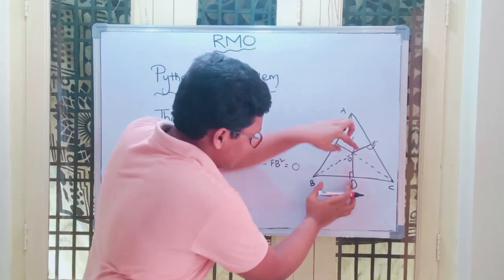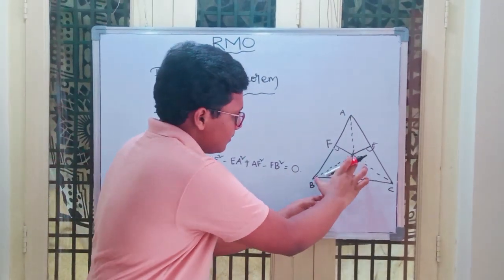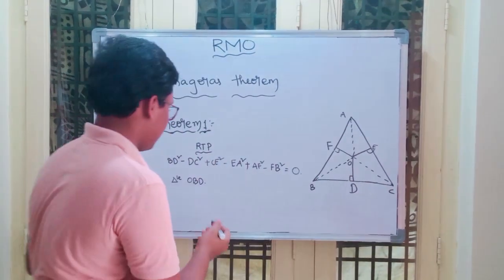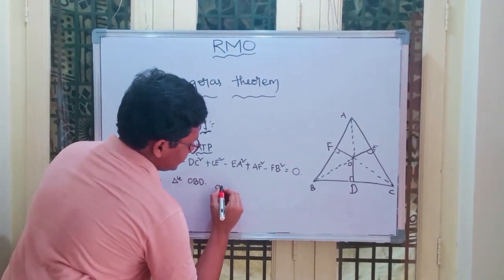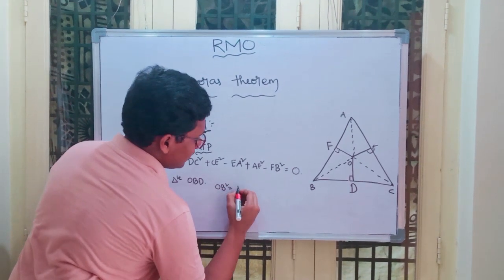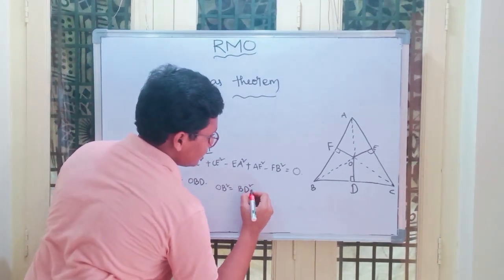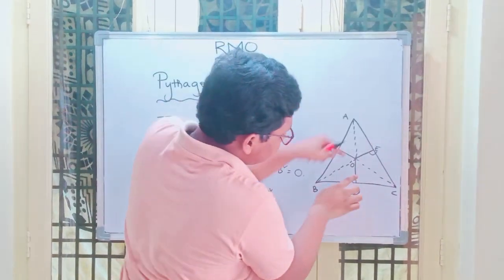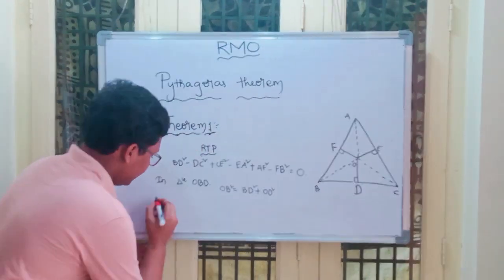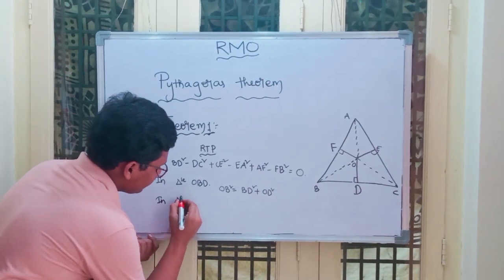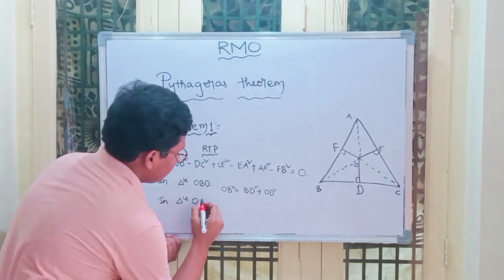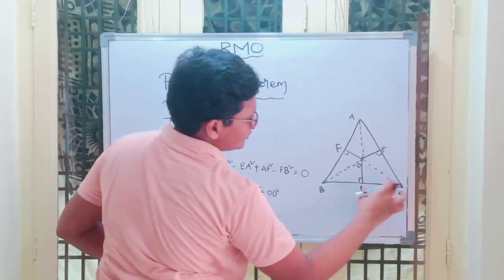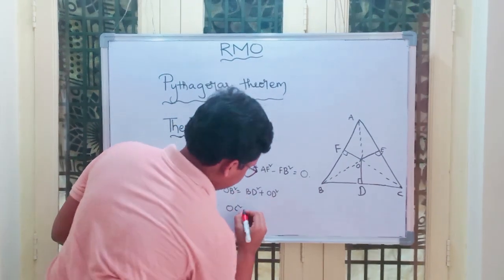In this triangle OBD, by using Pythagoras theorem, OB square is equal to BD square plus OD square. And from triangle OCD, OC square is equal to DC square plus OD square.